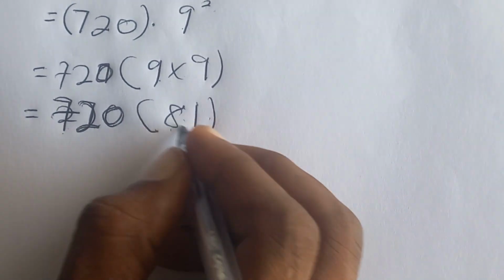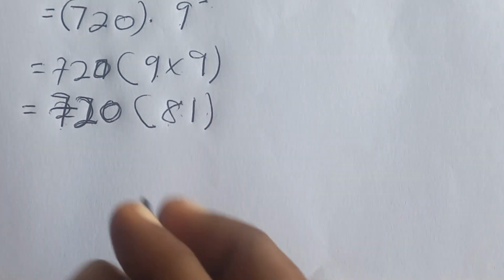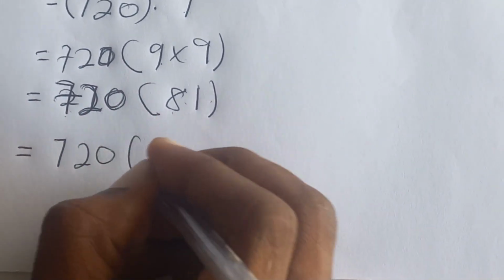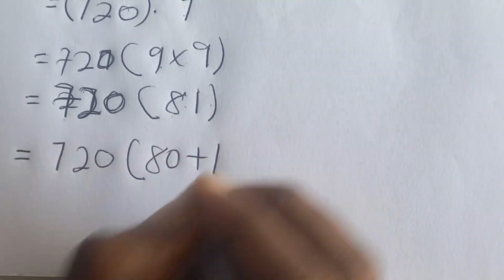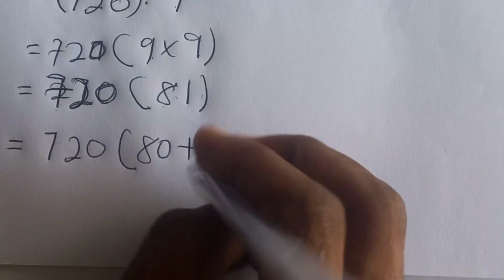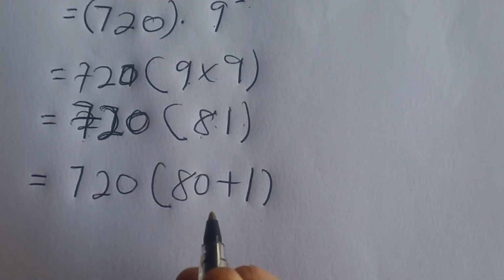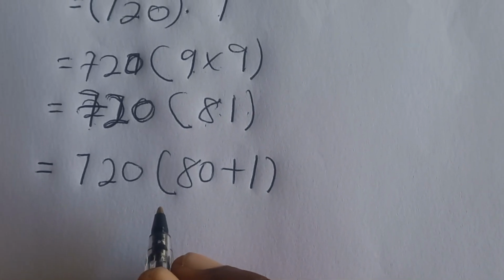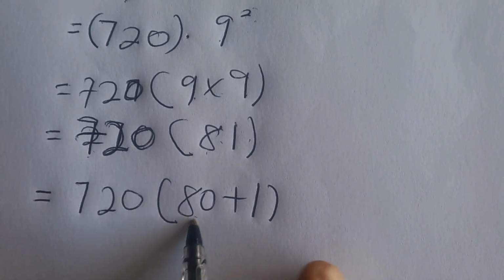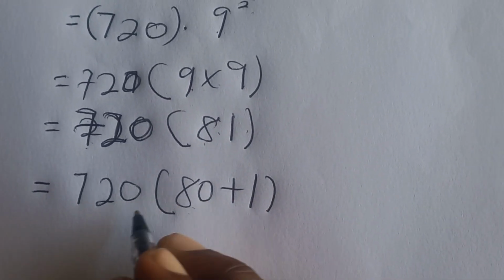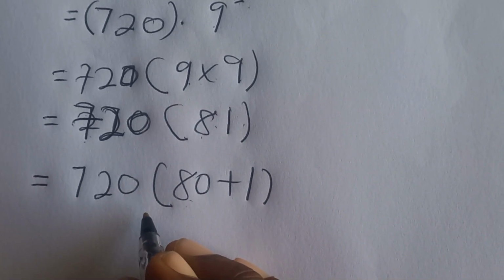So this 81 we can rewrite as 720 into bracket 80 plus 1. Because we are not supposed to use a calculator, we need to separate the 81 so that it will be easy for us to multiply.